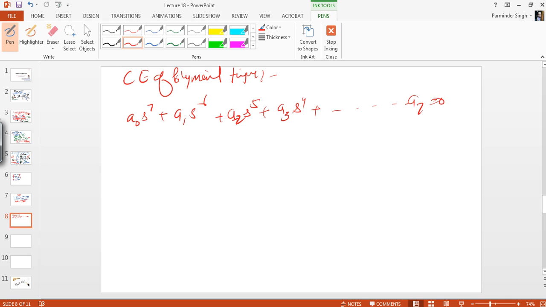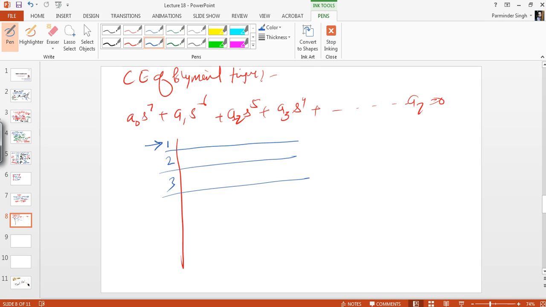Now we're going to prepare an array to solve this thing. Now remember, in an array, there will be first entry, second entry, third entry, and so on. The first row we're going to write starting with the coefficient with the highest power. What is the coefficient of this? This is a naught. We're going to leave the next one, move to another, a2 S5, and then so on.